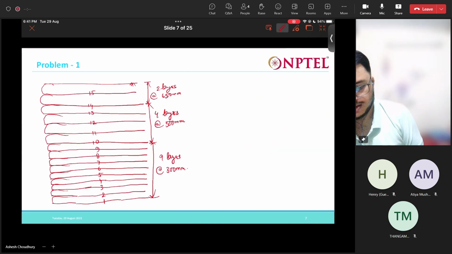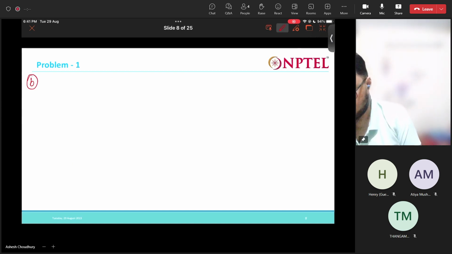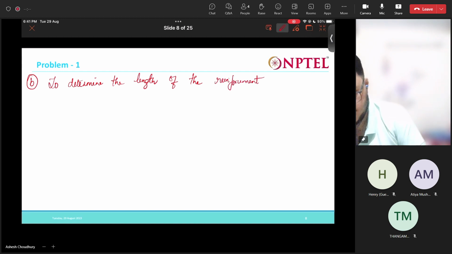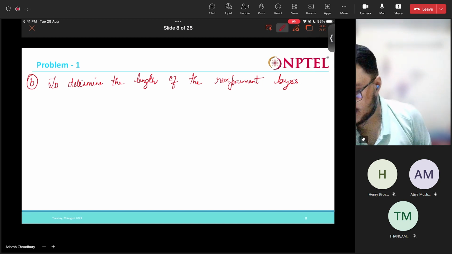Now the second part. Okay, so we have to determine the length of the reinforcement layers. That is our target now.